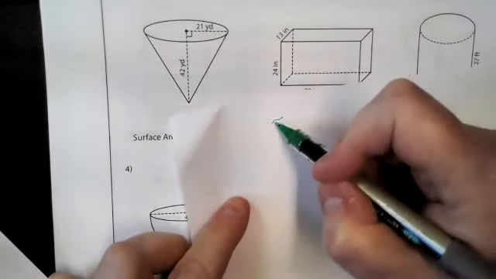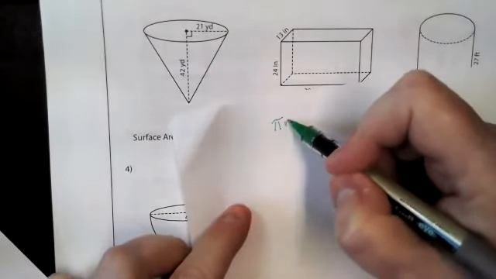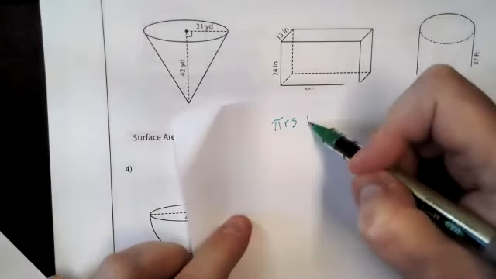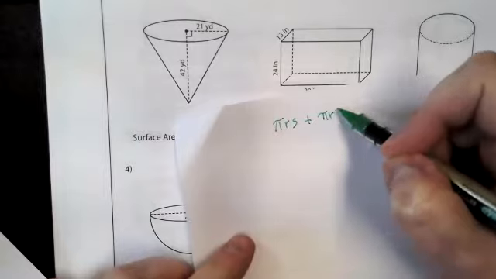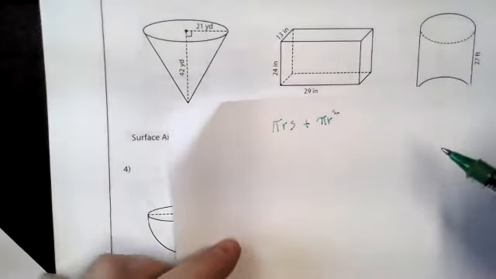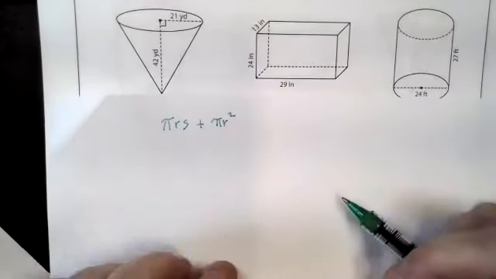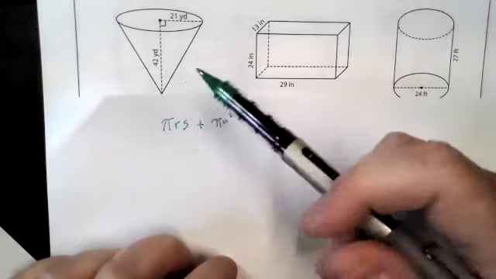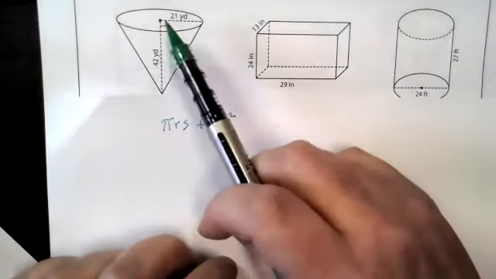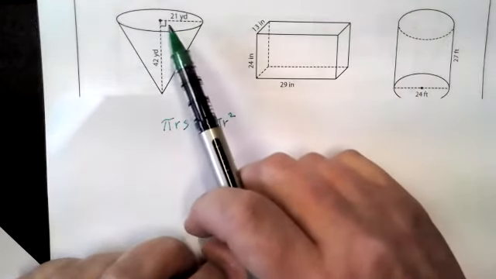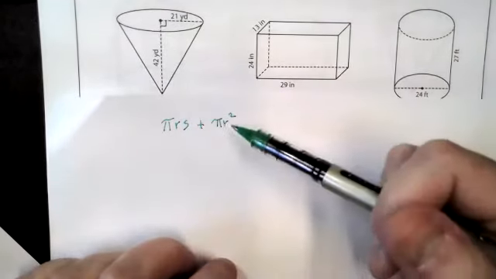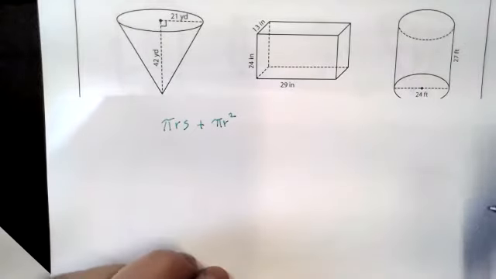It's pi times the radius times the side plus pi times radius squared. The same thing is happening here, exact same formula. This is calculating the solid top, this round portion.